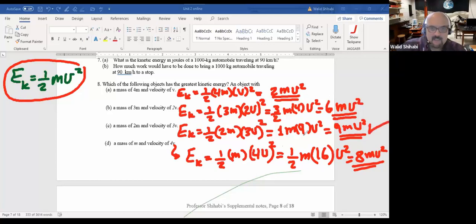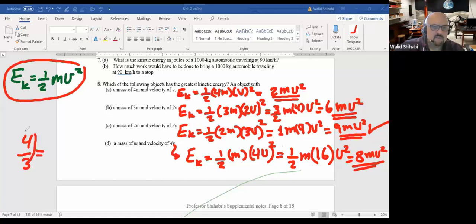And the reason here is that although the velocity in D is 4 compared to 3, if you think about it, 4 compared to 3 is not double. 4 over 3 is 1 plus 1/3. When you square it, it will give you what? It will give you 16 over 9.